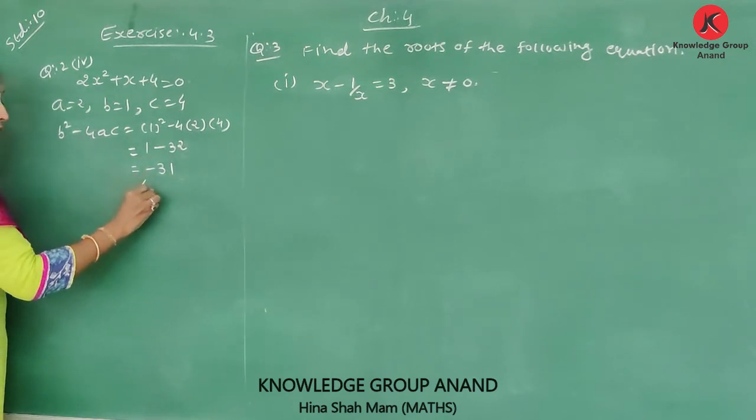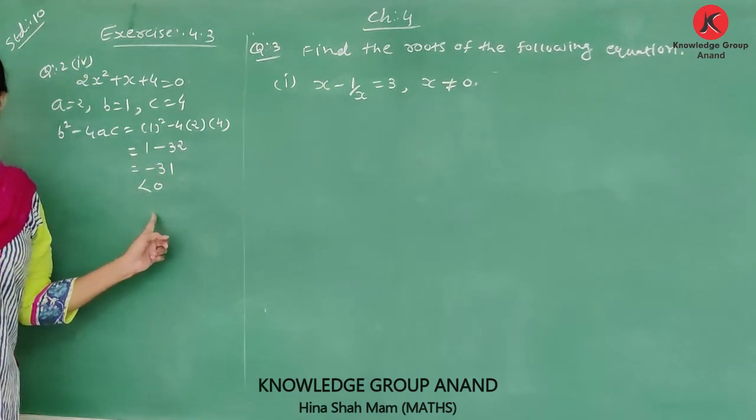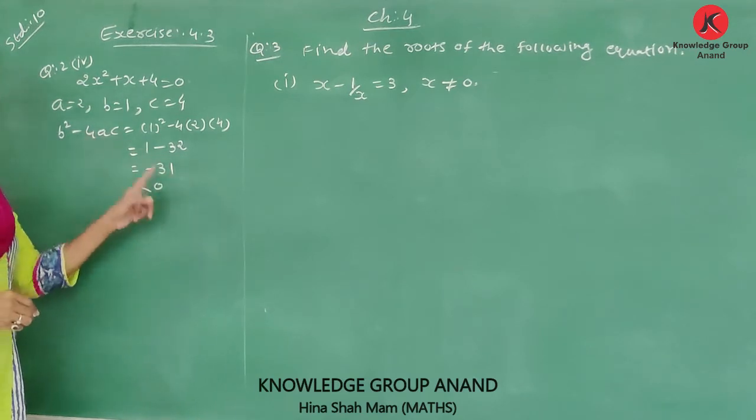Here minus 31 is less than 0. b square minus 4ac is less than 0.